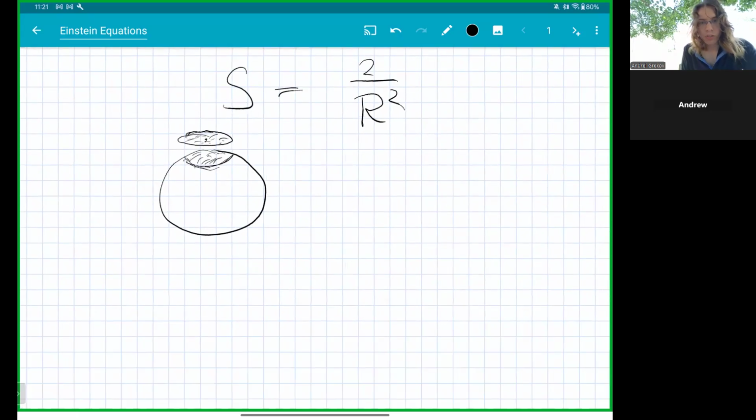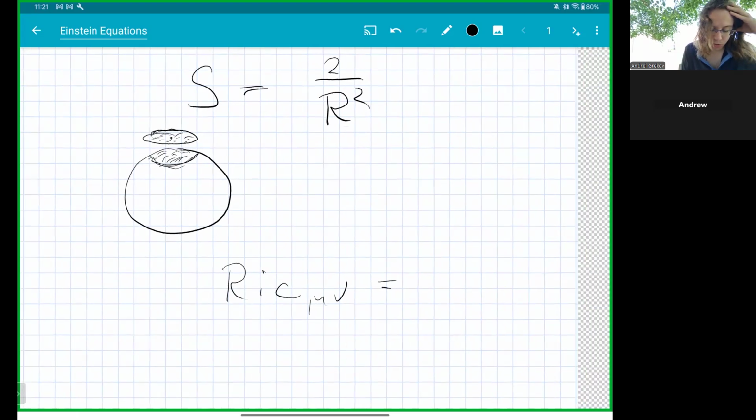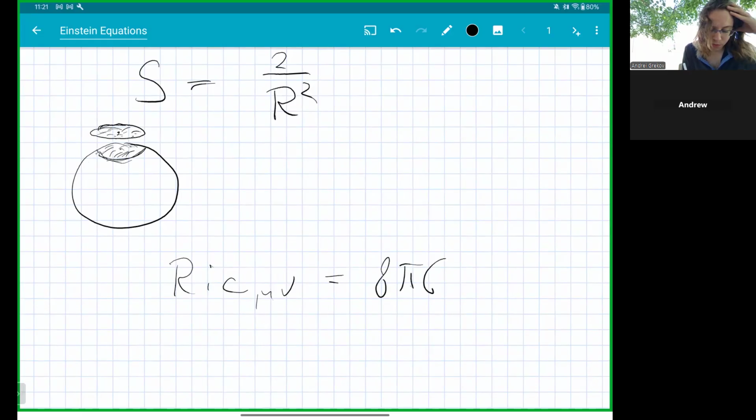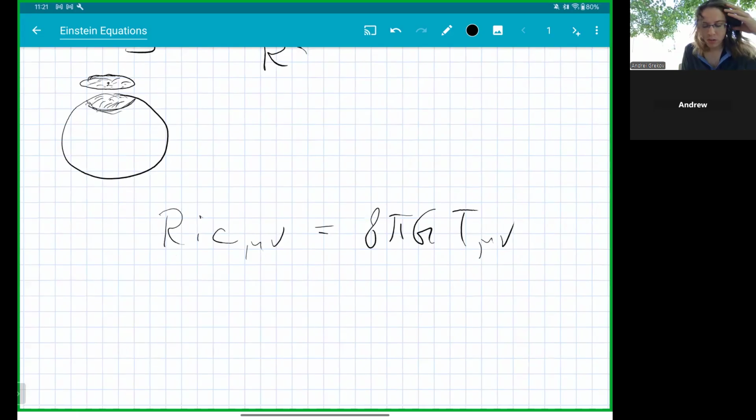So the problem which Einstein faced when writing his equation is that when he wrote it like this, somebody noticed that the right-hand side is divergence free.